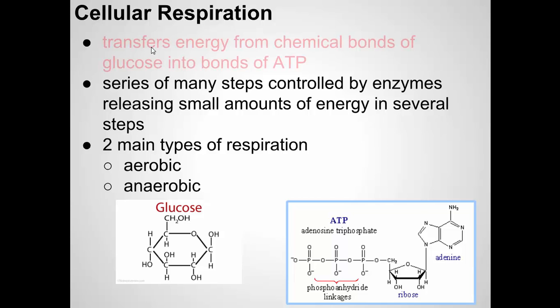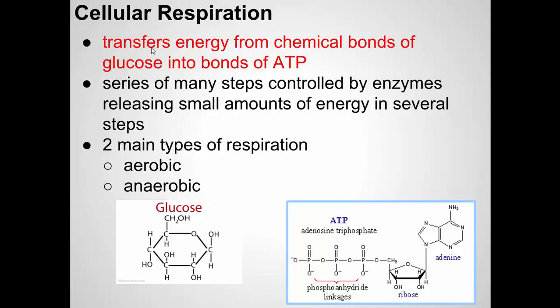So really, cellular respiration takes energy from glucose and basically extracts that energy, turns it into a form that the cell can actually do something with. When we talked about biochemistry, we said that between the bonds of the atoms of molecules, that's where energy is stored.